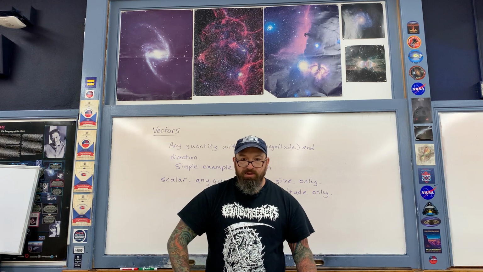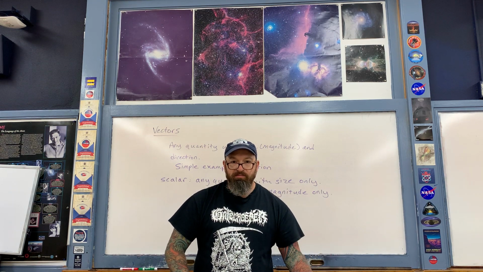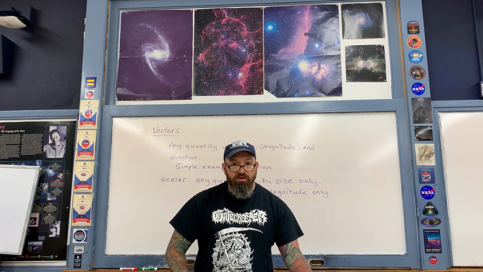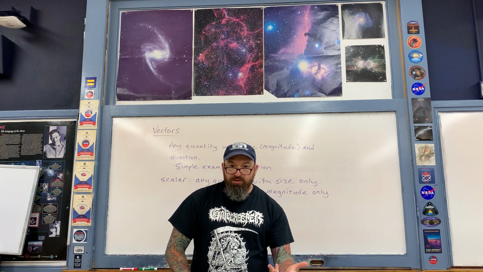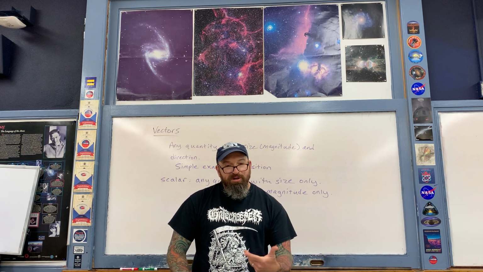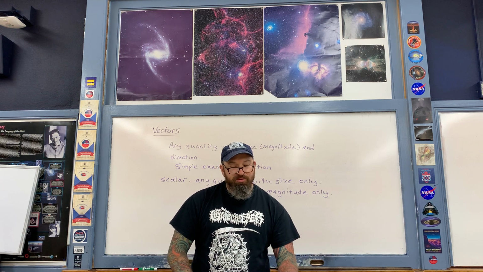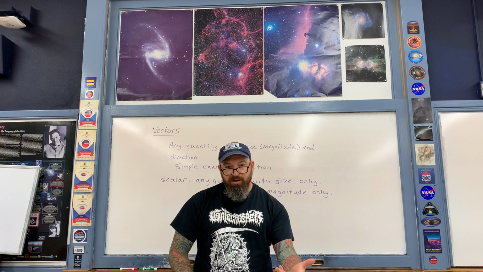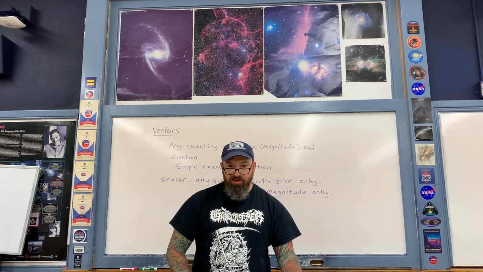Ordinary numbers, for example, the numbers that you've been working with in mathematics since day one of primary school, are scalar quantities. They only have a magnitude associated with them, but no direction. Nobody told you this at the time, but when you first started to learn mathematics in primary school, you were actually beginning by learning what is called scalar mathematics. We're now going to broaden that to include vectors in just a few minutes.